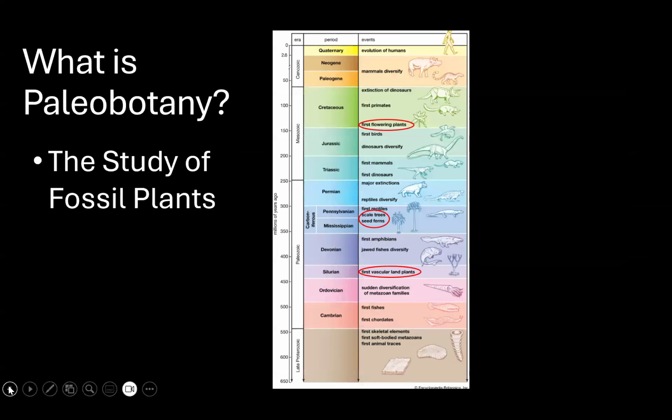When you look at that, going back to this previous timeline, you see where these first plants were, and then you can also see, if you're curious, when were the dinosaurs, when were the mammals, when were the first birds, things of that nature.